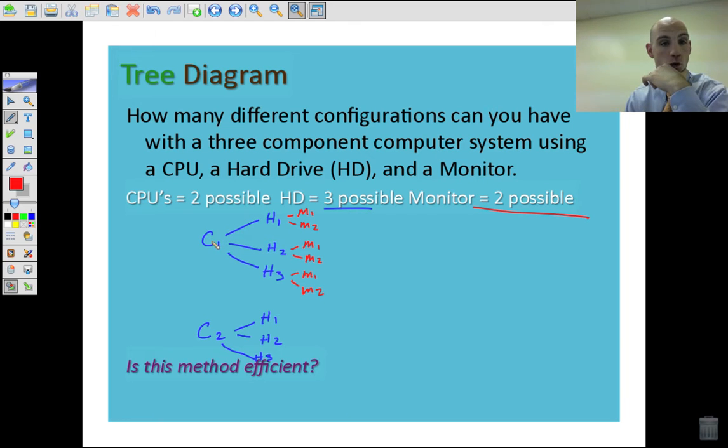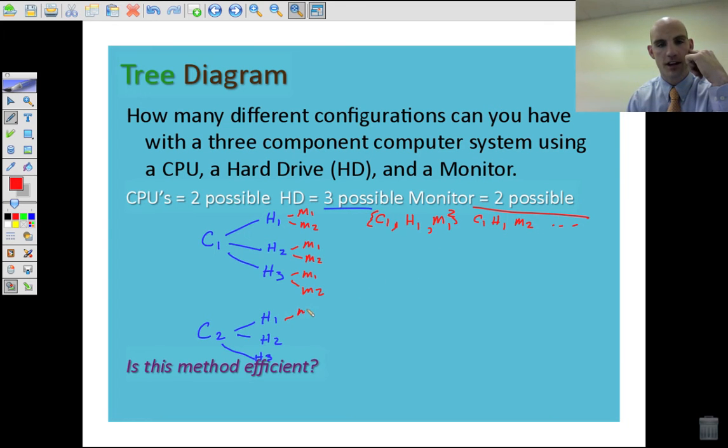I could make C1 with H1 with M1, or I could make C1 with H1 with M2, etc., etc. You see how this works.